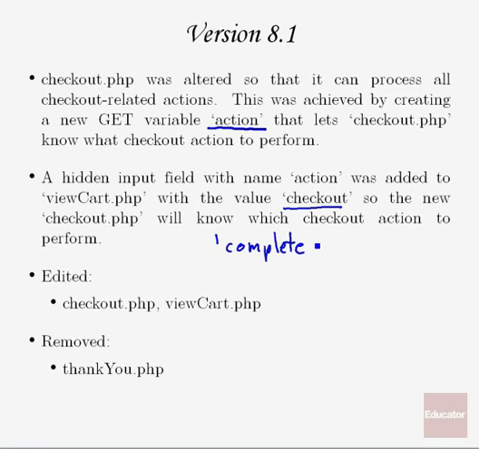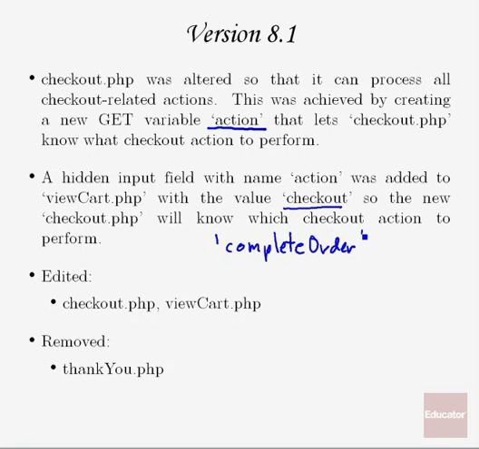So after the shipping information form has been output, and that form is loaded from the viewcart.php page, what's going to happen is checkout.php is going to submit the shipping and billing information to itself. So the action attribute of its form tag is going to change, whereas before it forwarded that information onto thankyou.php.